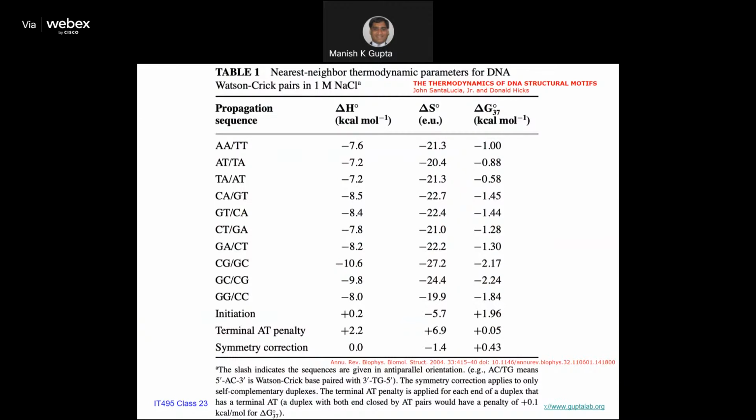Okay, so let me describe these quantities again. Recall what is delta H, what is delta S, and what is delta G, and how to compute them, because this is very, very important.